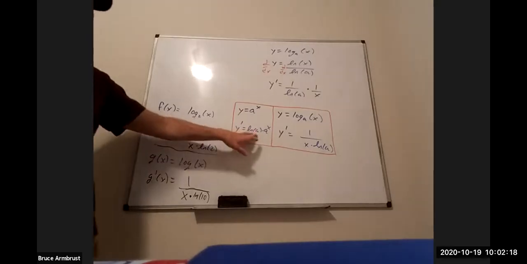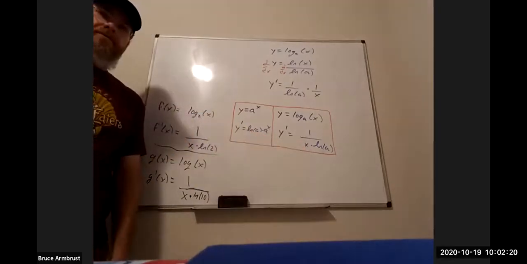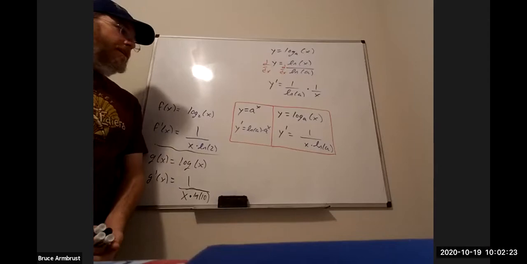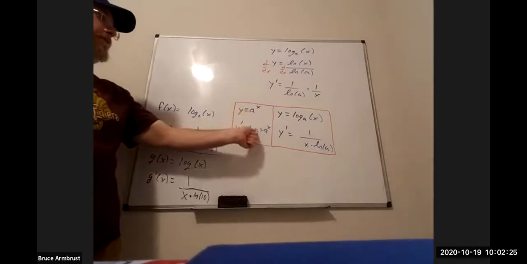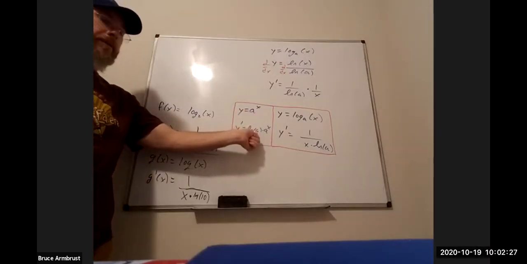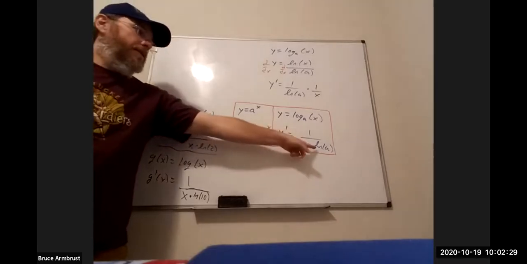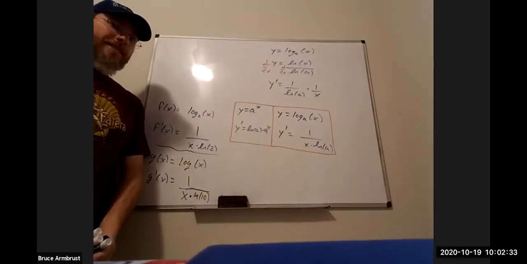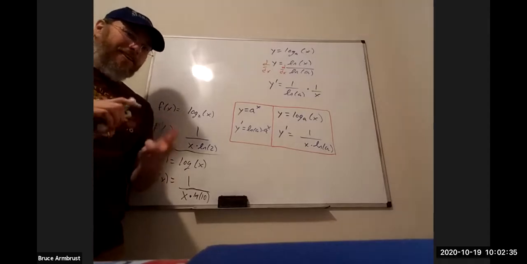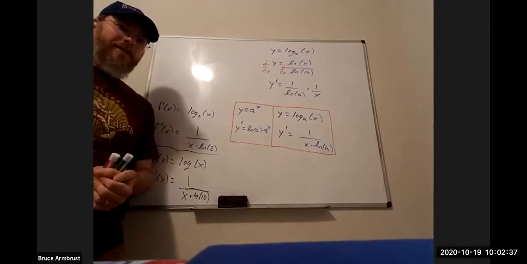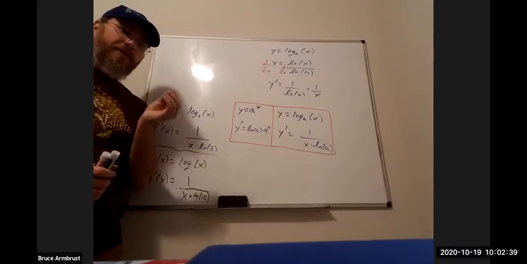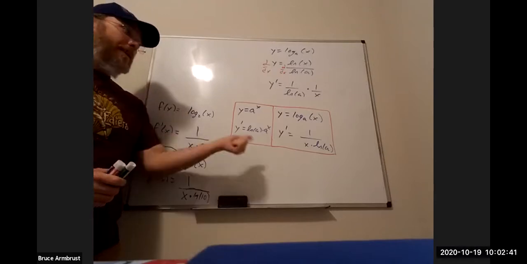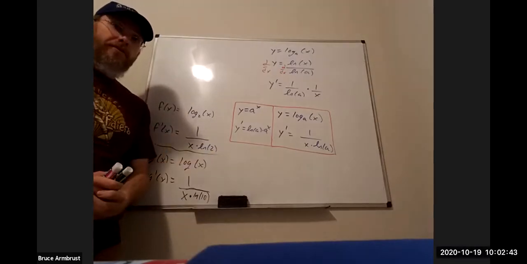Each time we're multiplying by the natural log of a. With the exponentials it's being multiplied on the top, and with logs it's being multiplied on the bottom. We're getting at the same thing on opposite sides. We're starting to see the connections between them even in their derivatives.